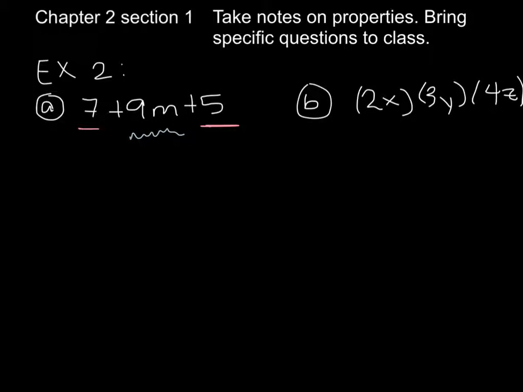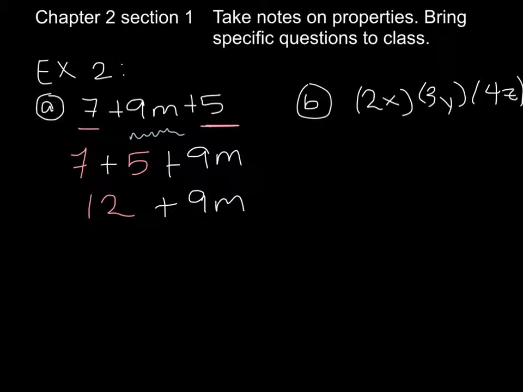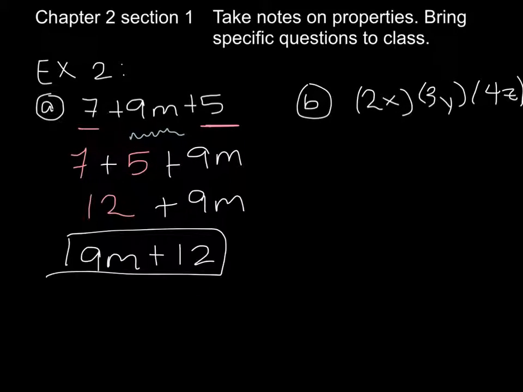So what I'm going to do really quickly is use the commutative property to switch the order of the terms in this expression. All right, just a simple application of the commutative property. I switch the order of the 9m and the 5, that way the like terms are together here. Now that the 5 and 7 are together, I add them, since they're like terms, I get 12, and the 9m stays by itself.